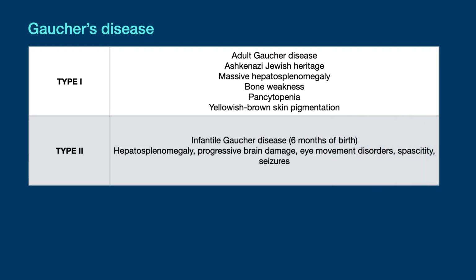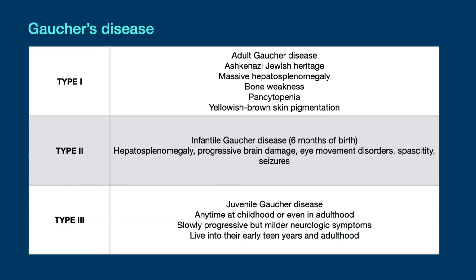Type 2, which is infantile Gaucher's disease, also seen with hepatosplenomegaly, progressive brain damage, eye movement disorders, spasticity, and seizures. And lastly, type 3, which is juvenile Gaucher's disease. It can occur anytime in childhood or even in adulthood, slowly progressive but milder neurologic symptoms, and they live into their early teen years and adulthood.